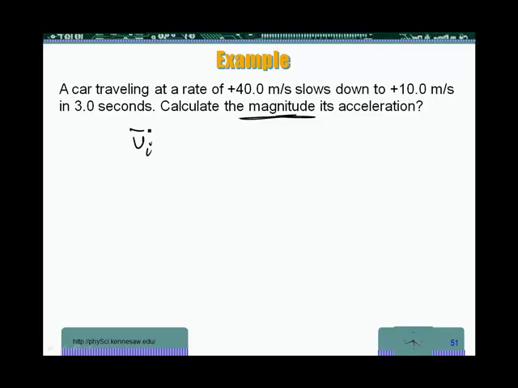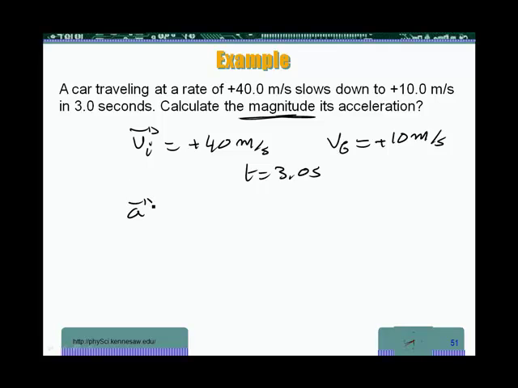My Vi is plus 40. My Vf is plus 10. My T is 3 seconds. So my acceleration is Vf minus Vi over time.